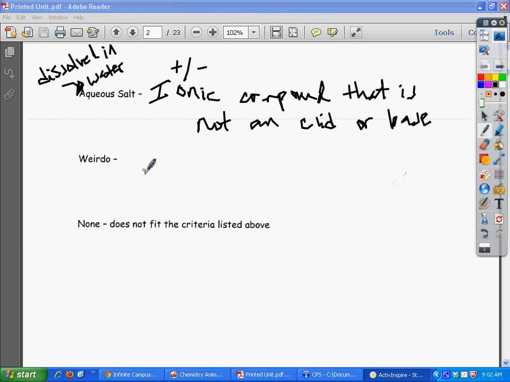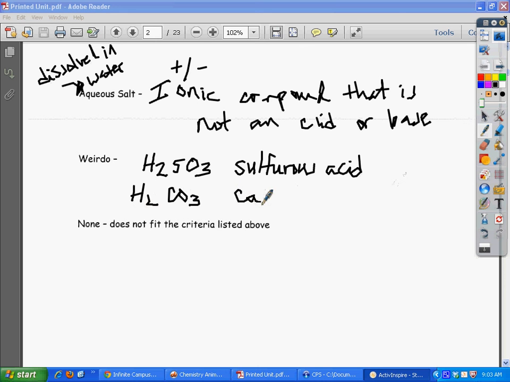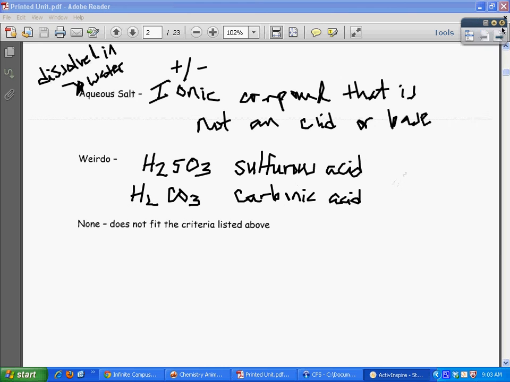They are things that you would typically classify as acids, these two, H2SO3, which is sulfurous acid, H2CO3, which is carbonic acid, and the one thing that you would typically classify as a base if I weren't giving you this other classification instead, NH4OH, which is ammonium hydroxide.